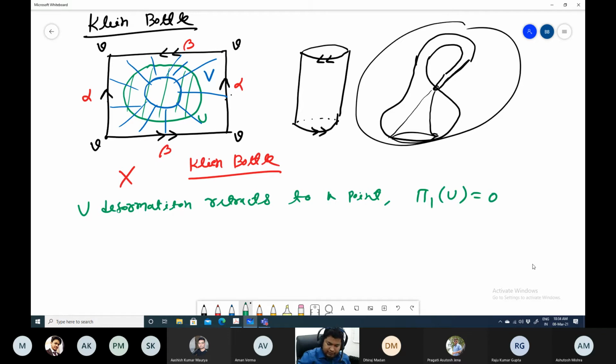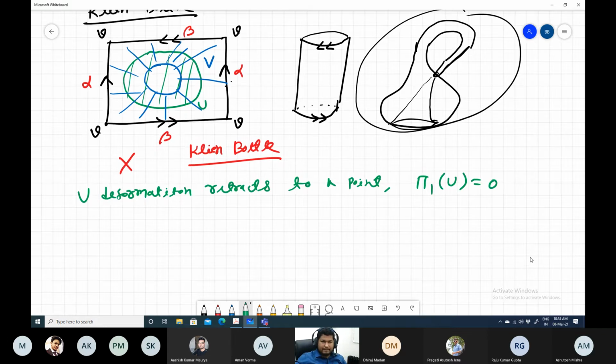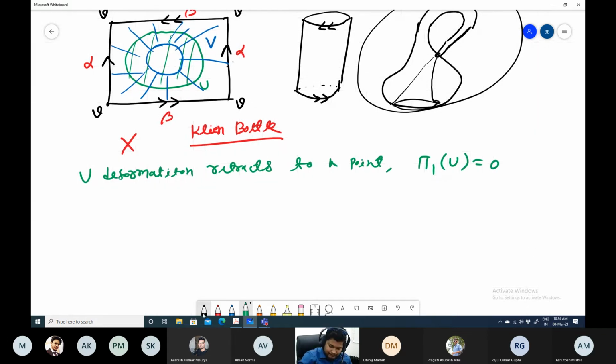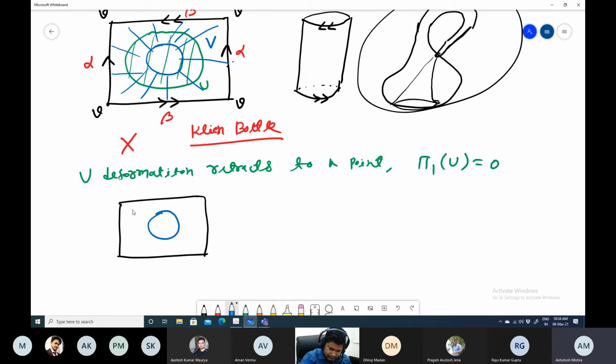First we draw what V is. Now V, I think, will retract to a circle. This is where it was identified.